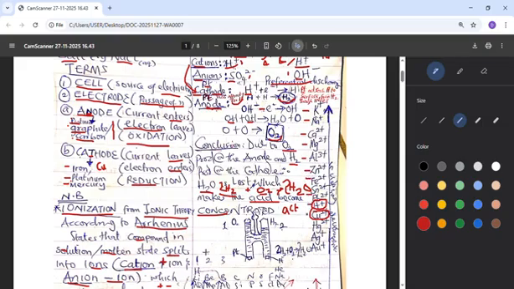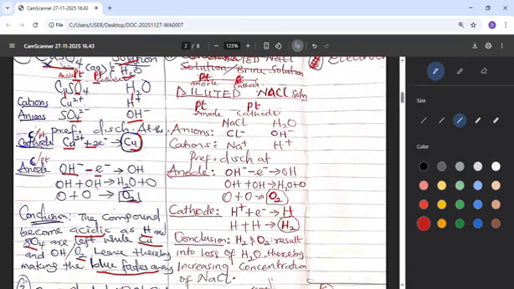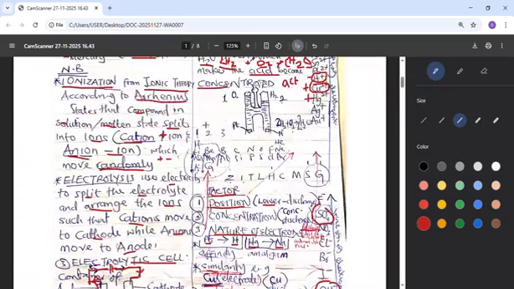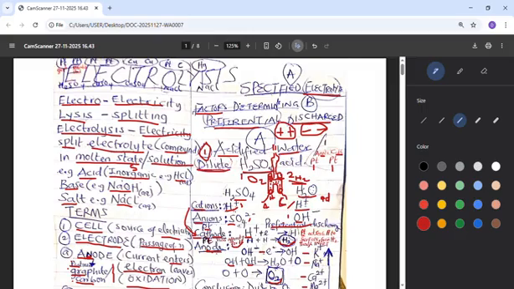Others then become positive, so copper has a higher standard electrode potential, so it can easily dissolve. So that is for the electropositivity.